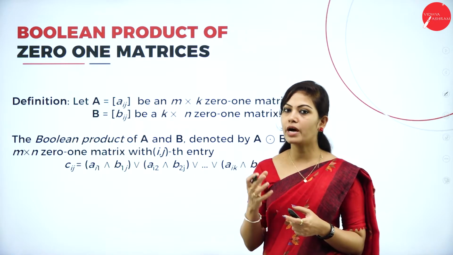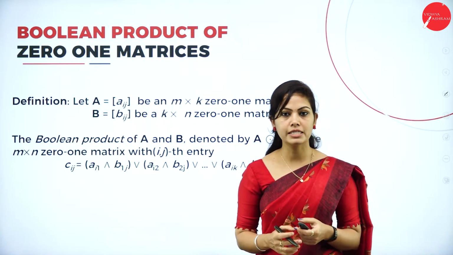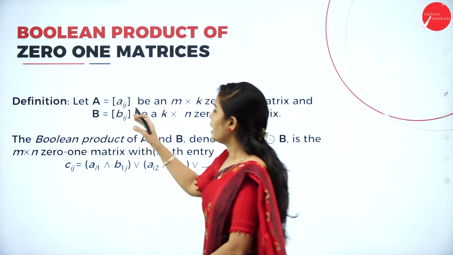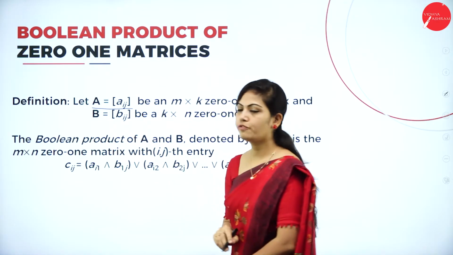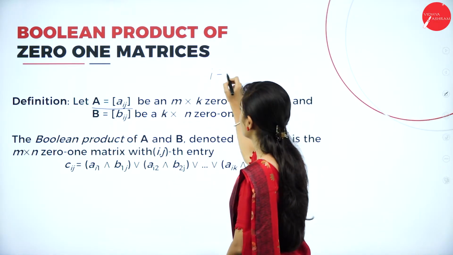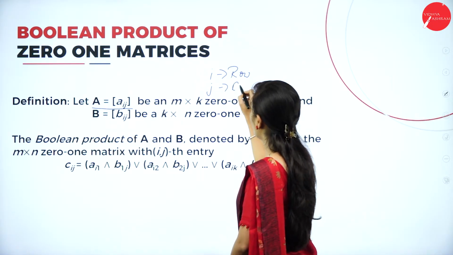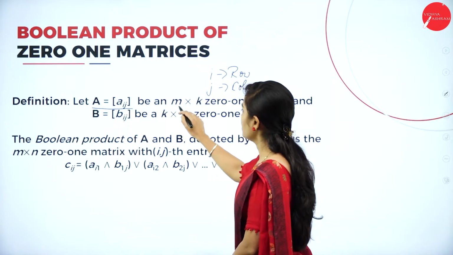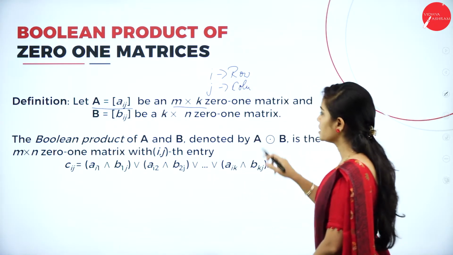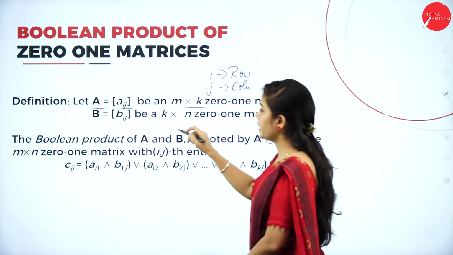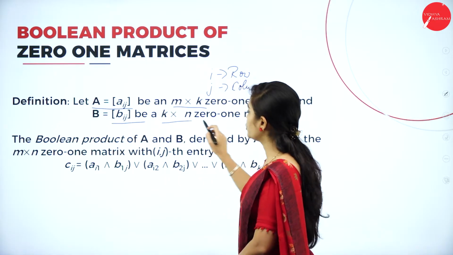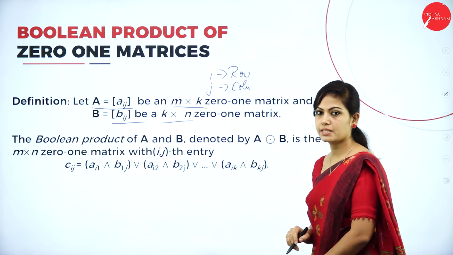So how to simplify the Boolean product on 0-1 matrix? Let A be equal to A of ij, where i means row and j means column. A is an m into k 0-1 matrix and B is a k into n 0-1 matrix.